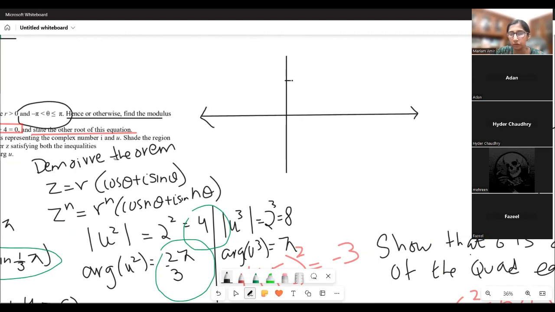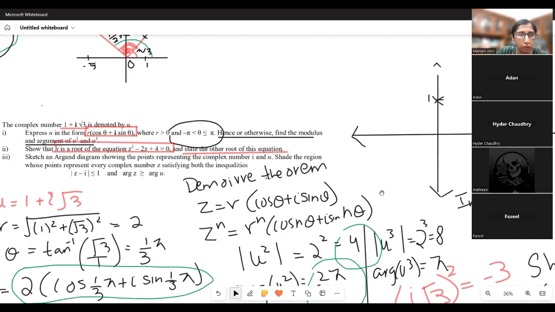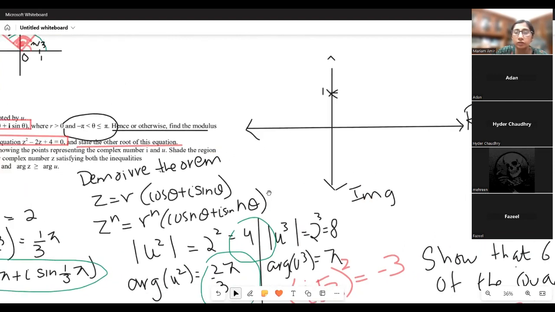Here's iota, 0, 1. Call this the imaginary axis. This is real and this is imaginary. Okay, that's one point. And the other point is, what was u? 1 plus under root 3 iota.